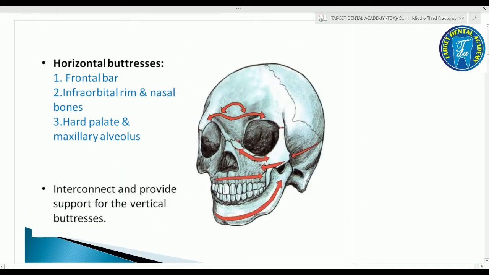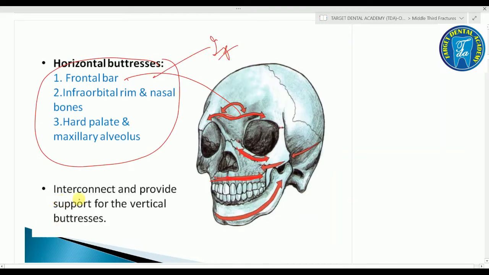The second is the horizontal buttresses. In this, first we have the frontal bar. We have the infraorbital rim. Right? We have the hard palate and the maxillary alveolus. Fine. So these are the horizontal buttresses, important. And what is the function of these?